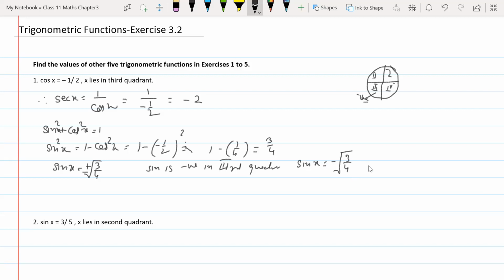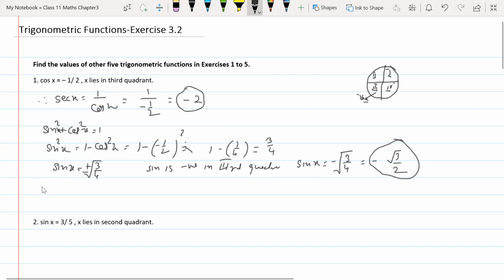Or more simply, you can calculate it as root 3 divided by 2, with the negative sign. That is the answer for sine x. This is the value for secant x.